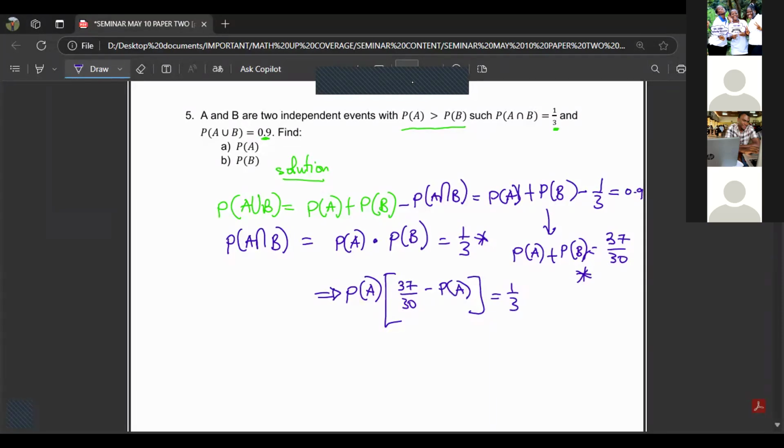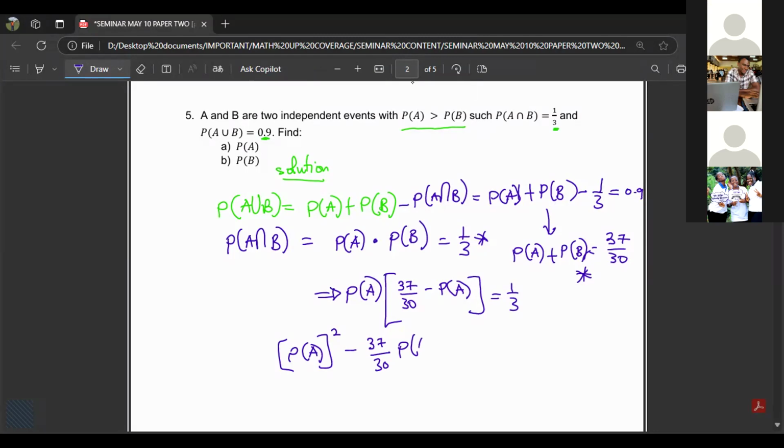Allow me to simplify this: the probability of A squared, minus 37 over 30 times the probability of A, plus 1 over 3 is equal to 0. So we can find the probabilities of A and B from that.